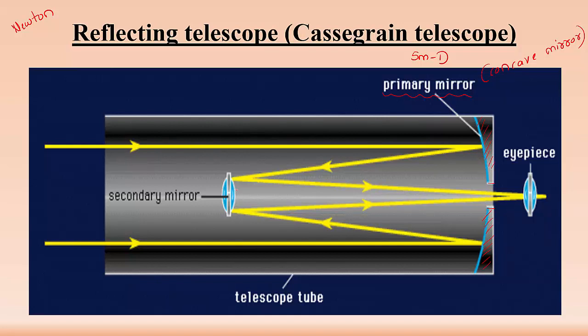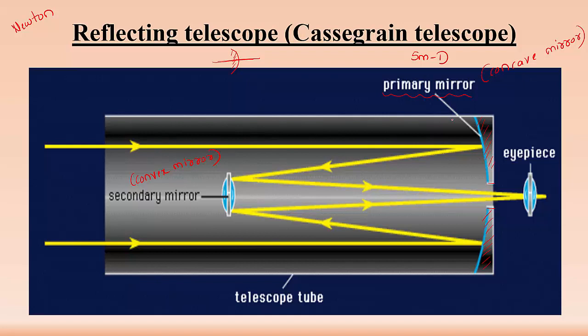And here I am going to consider the secondary mirror, which is a convex mirror, meaning the reflecting surface is away from the center. Remember, the primary mirror is a concave mirror, the secondary mirror is a convex mirror. In the primary mirror, converging of light takes place. In the convex mirror, diverging of light takes place.